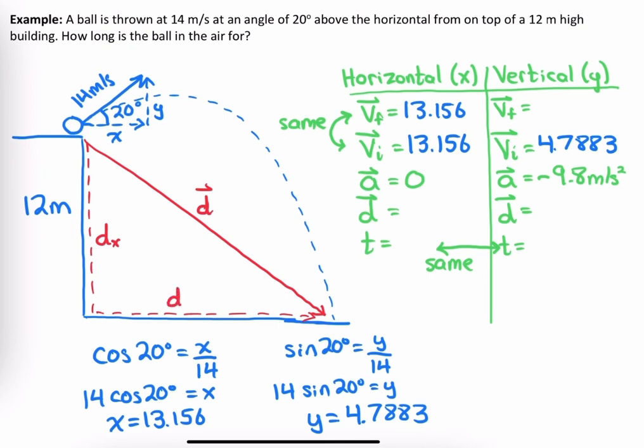I've got those backwards. This is dy for the y component of displacement, and this is dx for the x component of displacement. And so this is the guy that's going to go here, and this is what's going to go here. Okay, and that is all you need to know to solve problems on 2D projectiles.